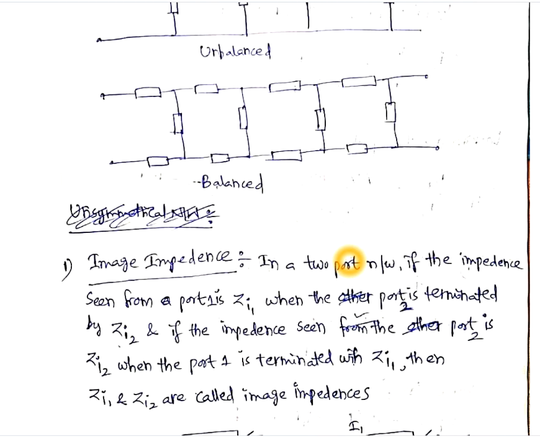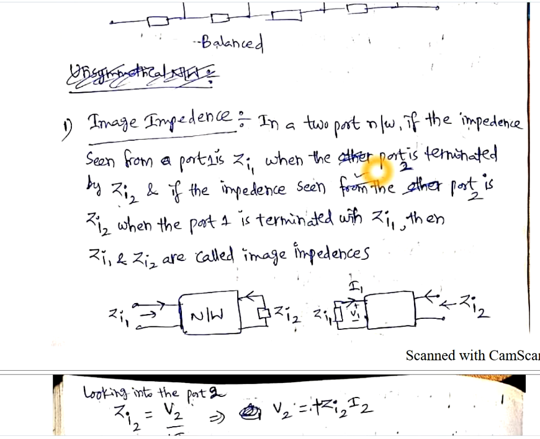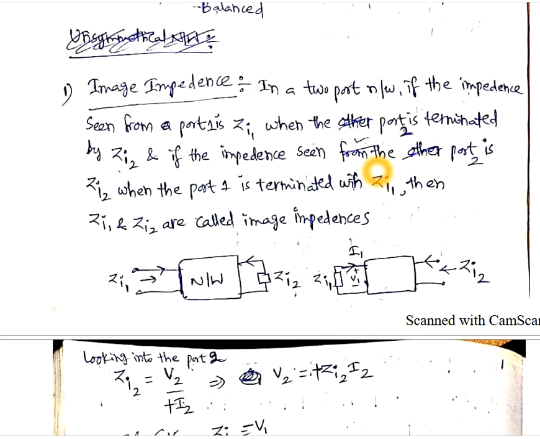Right? Okay. So now let us see the first image parameter, that is image impedance. The importance of this image impedance will be understood in the later lectures. Let us see now how to define image impedance and, based on that, how we can derive it.